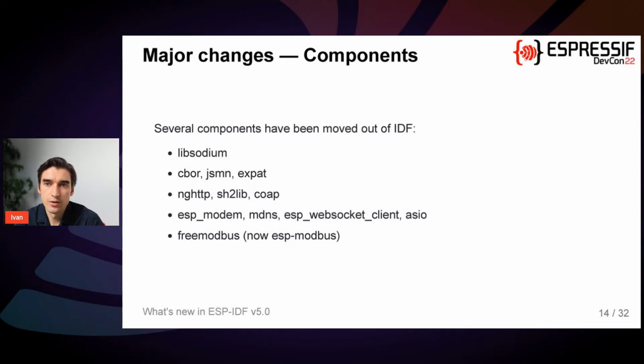Primarily, we consider these components to be relatively high level, so not very close to hardware. For instance, libsodium is a cryptographic library; Cbor, Jsmn, and XPath are protocol parsers; nghttp, sh2lib, CoAP, ESP modem, mDNS, ESP WebSocket client, and ASIO are also protocol-related; and FreeModbus, a Modbus library that we now call ESP Modbus.